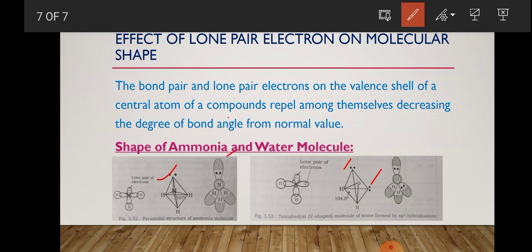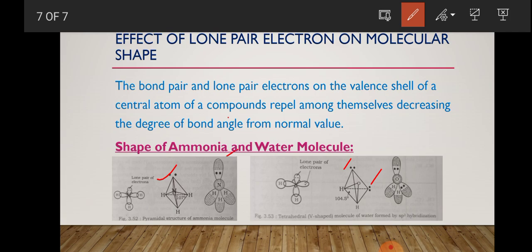Then the normal tetrahedral structure of the water molecule is more distorted and becomes V-shaped, and the bond angle becomes 104.5 degrees instead of 109.5 degrees, and that's why the water molecule has a V-shaped structure.